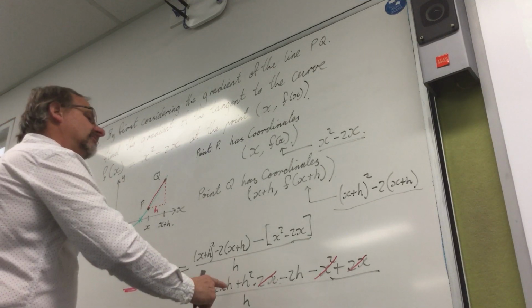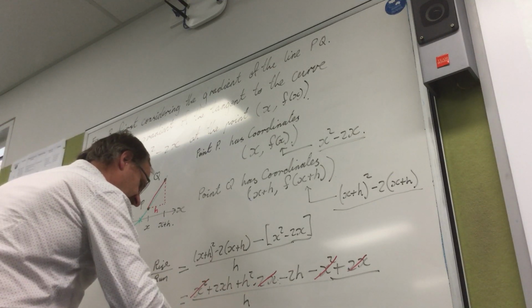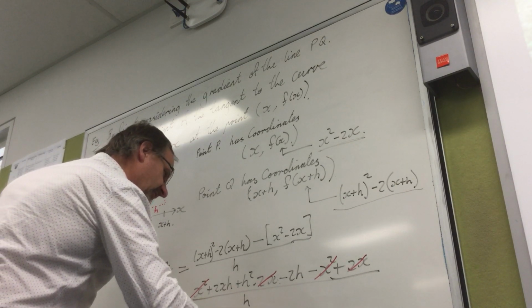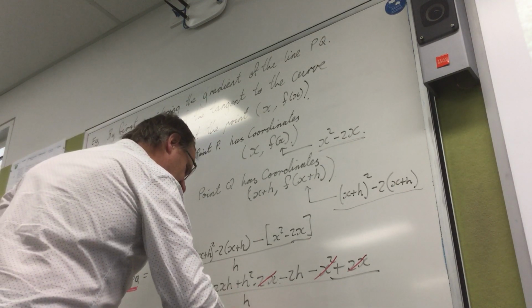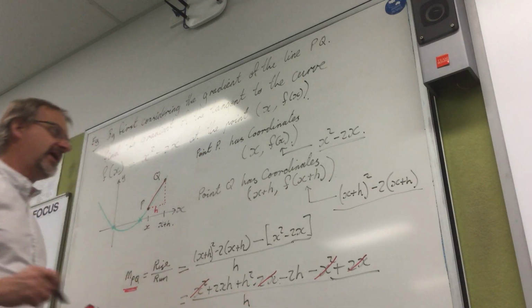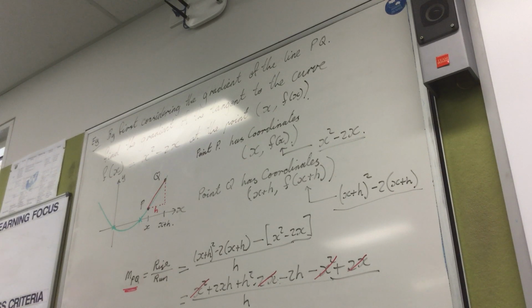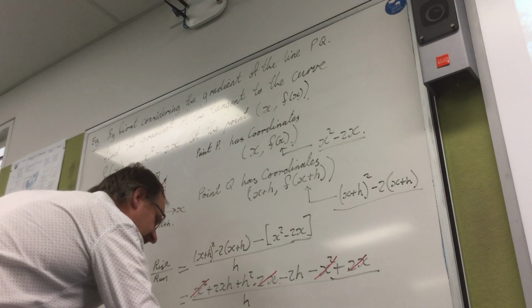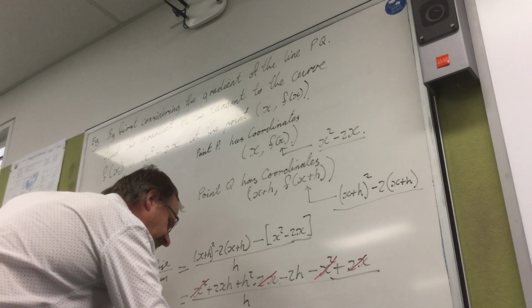So what have we got? We've got an h squared term, a 2xh term, and a minus 2h term all over h. What do you notice about that? You can cancel out some h's. Well done. Take h out as a common factor.